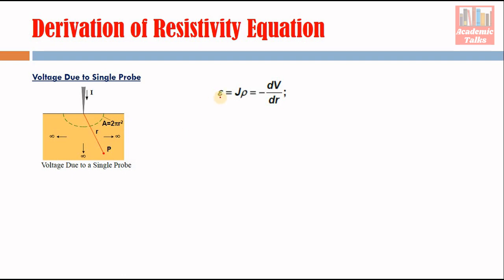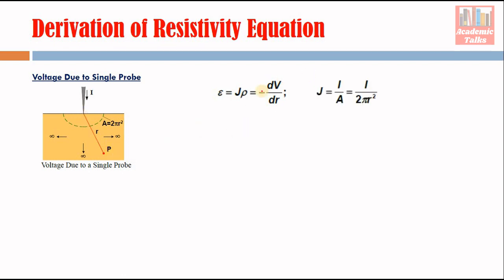The electric field at any point is given by this equation. The electric field is current density times rho, where J is the current density flowing into the material and rho is the resistivity of the material, right? And that is equal to minus dV by dr, where r is the distance of a given point from this probe.